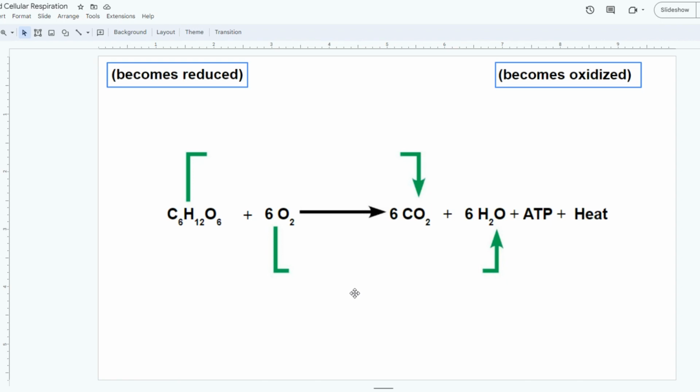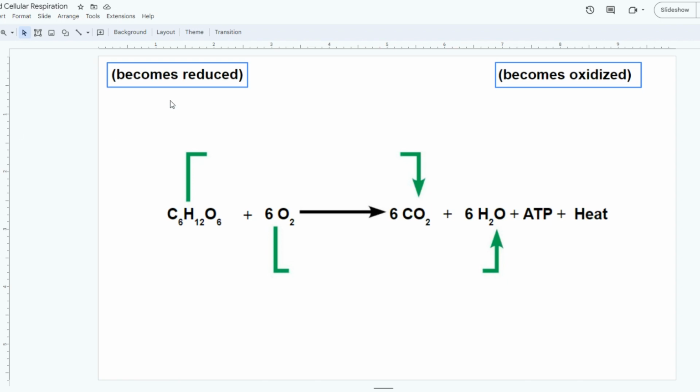The oxidation reduction reaction usually means that oxygen pulls electrons to itself. And when oxygen pulls electrons to itself, the other thing is said to be oxidized. Oxygen itself becomes reduced. So as it's taking on these electrons, it's becoming reduced.